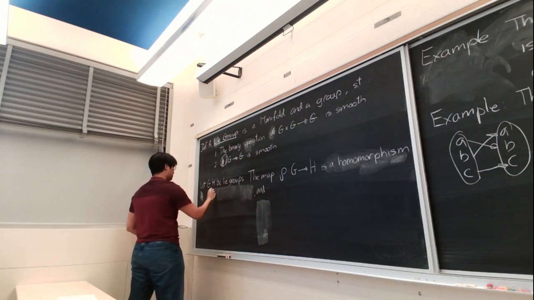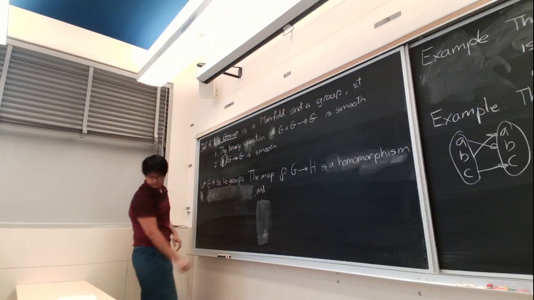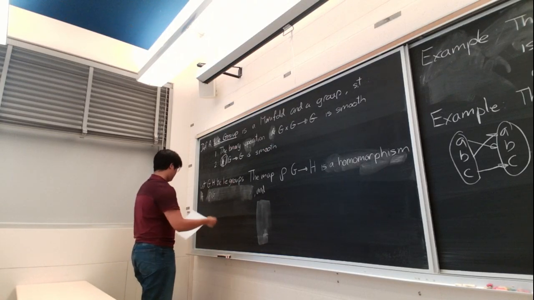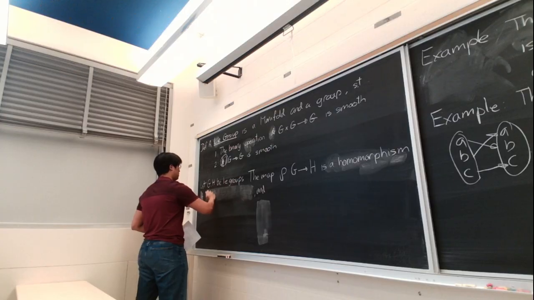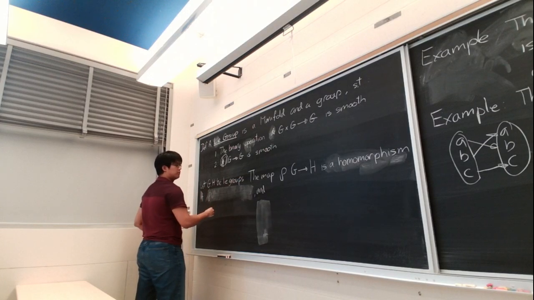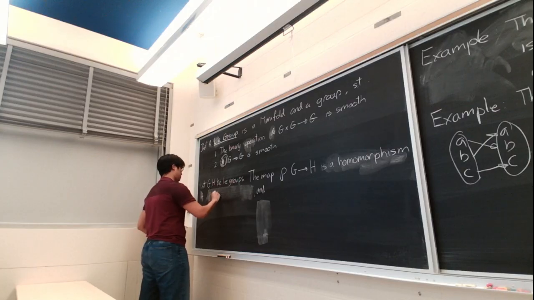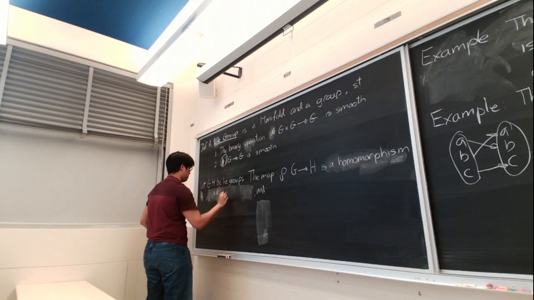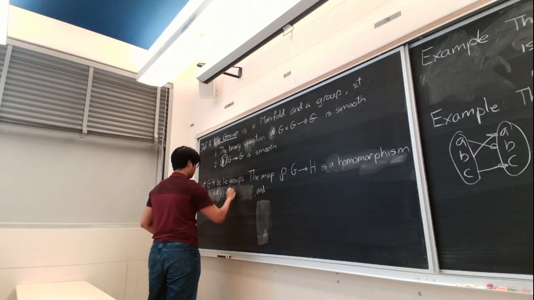G to rho is a homomorphism if you have some element of G. If something was a product of two things, then it's still going to be a product of two things.